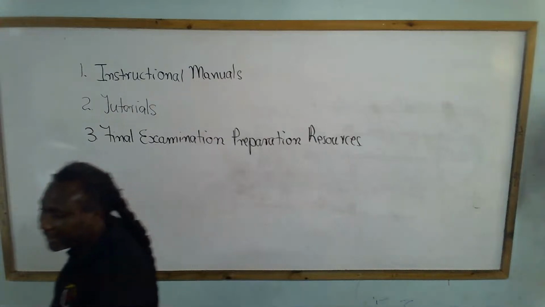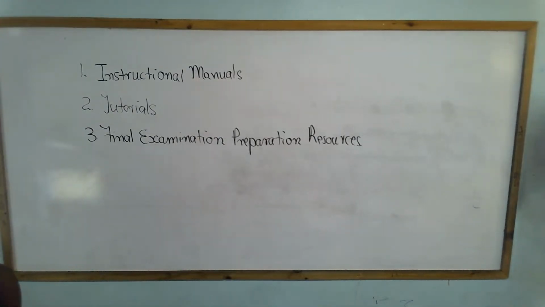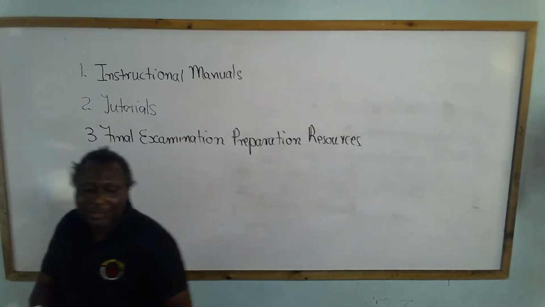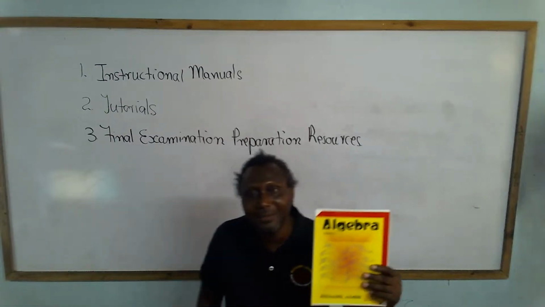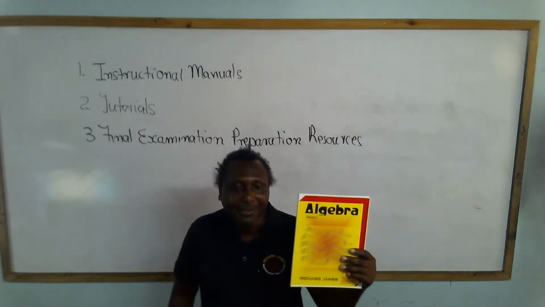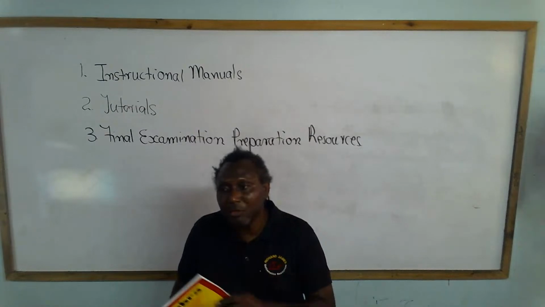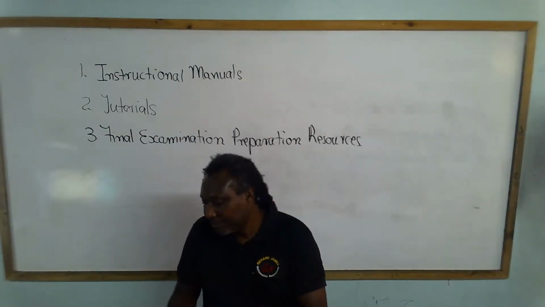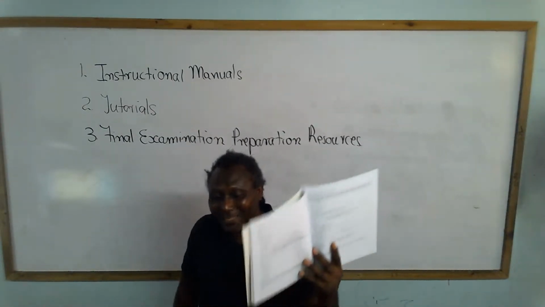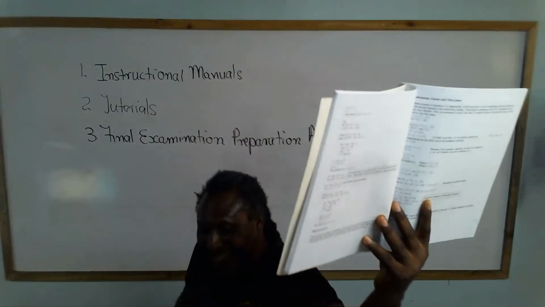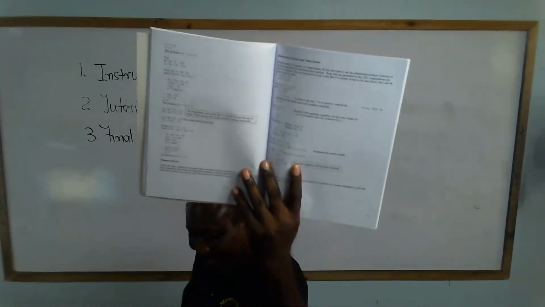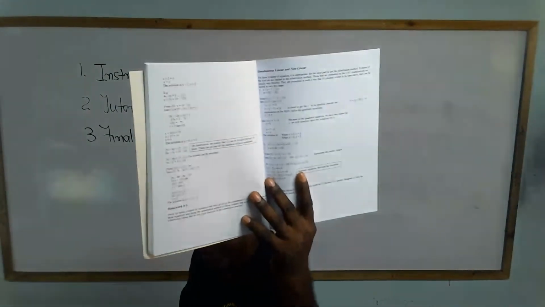Now, I have right here the first of your instructional manuals, and this one is your algebra manual. In your algebra manual, you have everything that I discussed before, and that is typically typed.